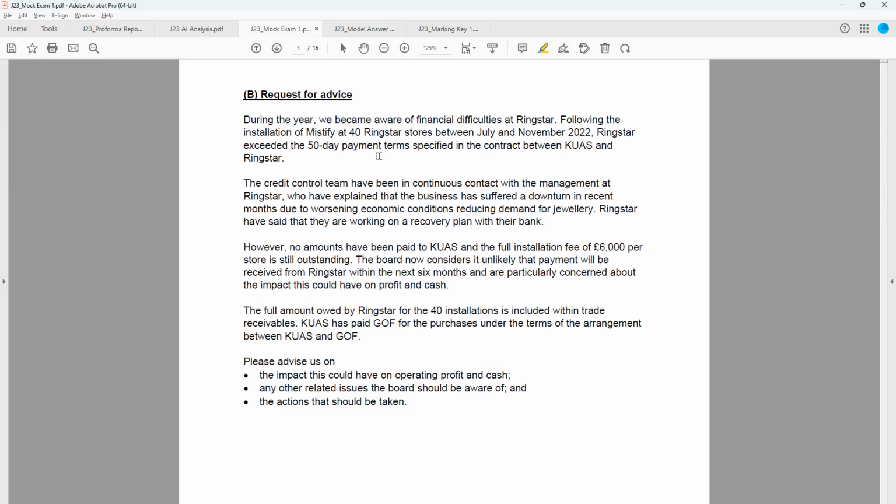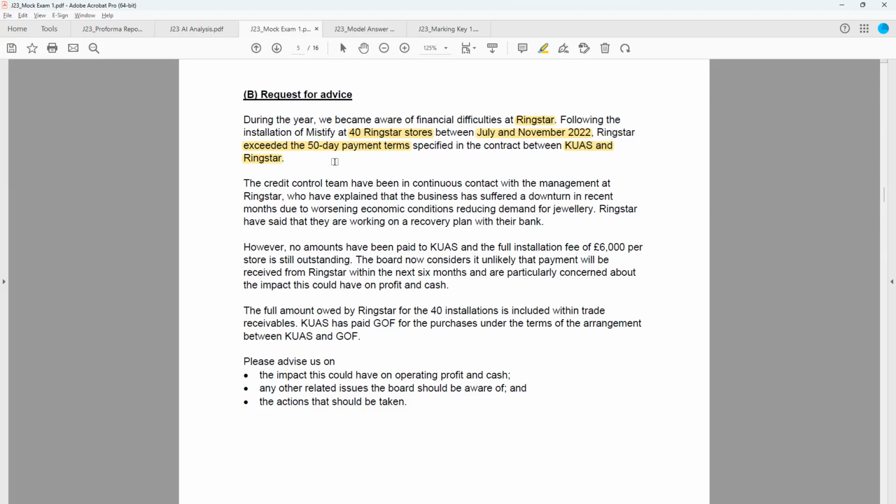So we're told that during the year, we became aware of financial difficulties at Ringstar, who of course we know from the AI. Following the installation of Mystify at 40 Ringstar stores, as was expected, between July and November 22, Ringstar exceeded the 50-day payment terms specified in the contract between KUAS and Ringstar.